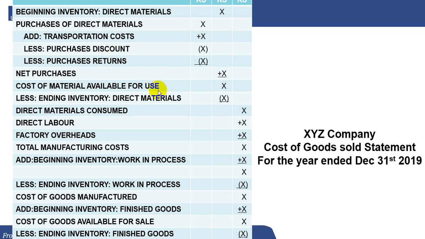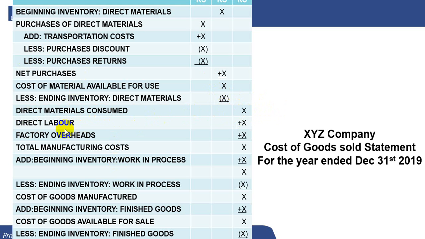Cost of material available for use: add beginning plus net purchases is equal to cost of material available for use. Now we deduct ending inventory, direct material at end. After deducting ending inventory, what we got? We got direct material consumed.